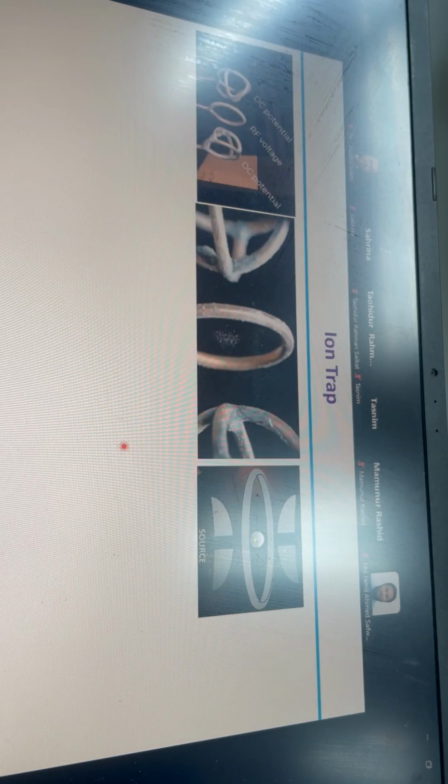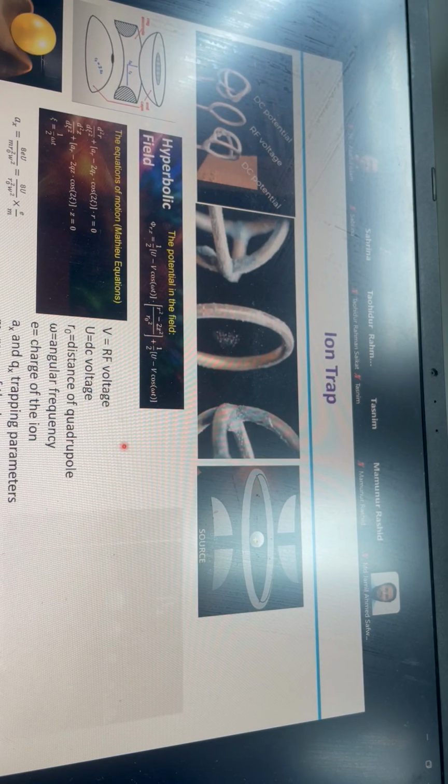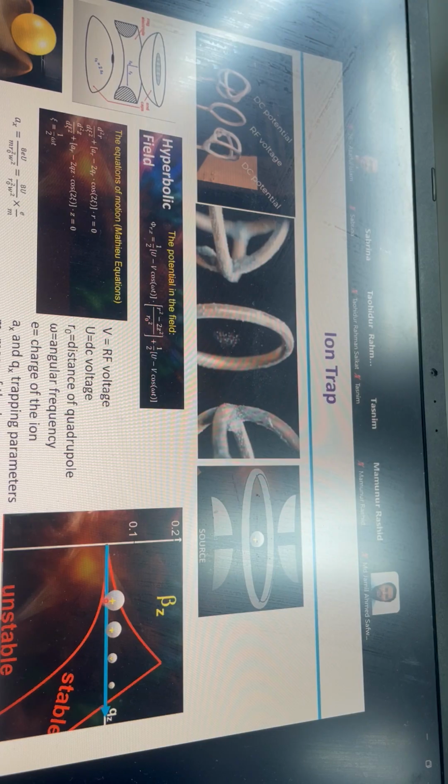So if we want all ions to go to the trap and detector, they need to stay in this potential diagram.